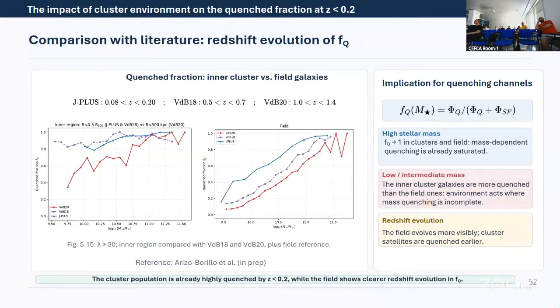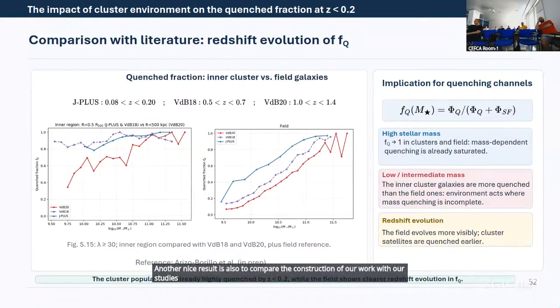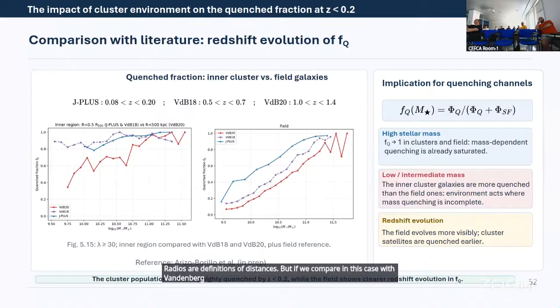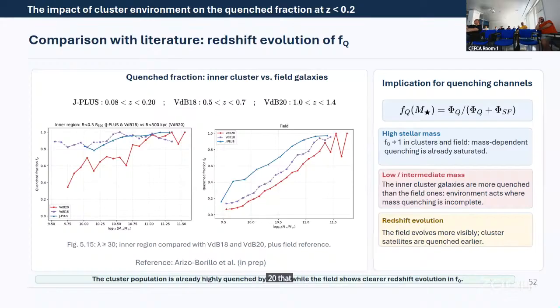Another nice result is to compare the quench fraction of our work with other studies. It's not normally so easy because they work with different radii and definitions of distances. But if we compare in this case with Van der Burg 2019 and 2020, who work at a higher redshift, we see a very nice result.